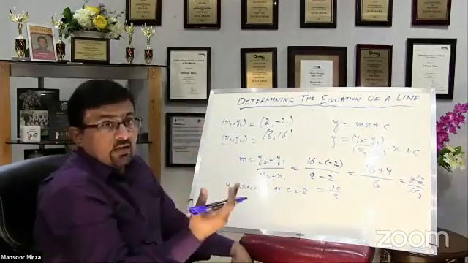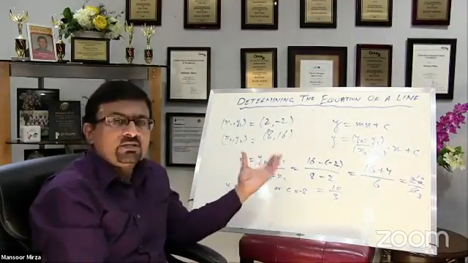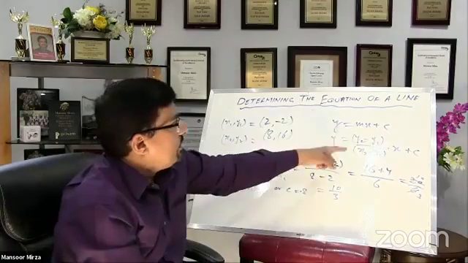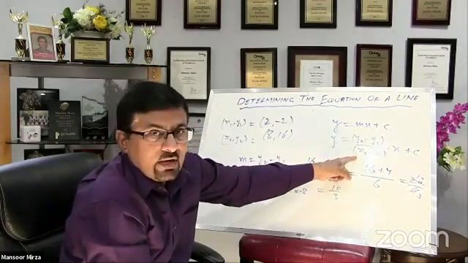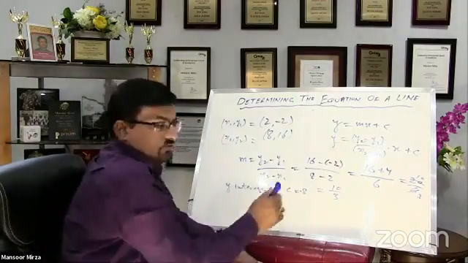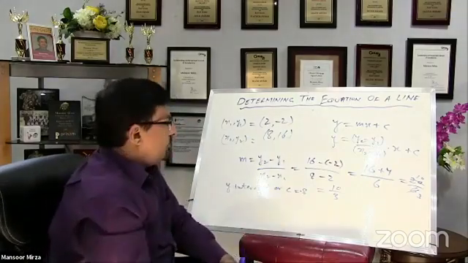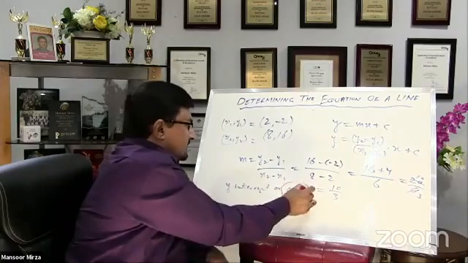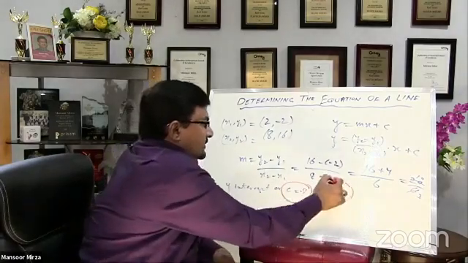So C was given as minus 8. This was much easier to solve now, because we only calculate the value of m, or the ratio between these coordinates, and then we insert these values.